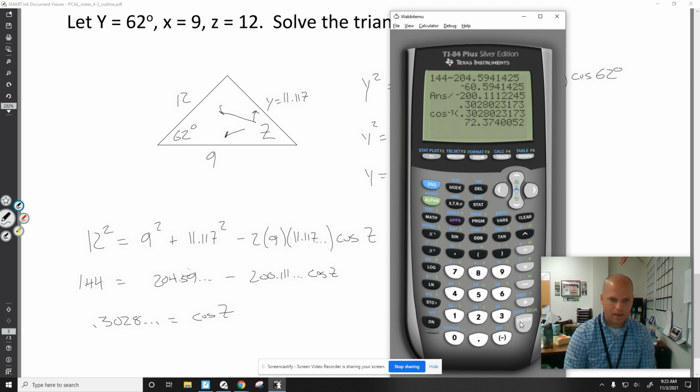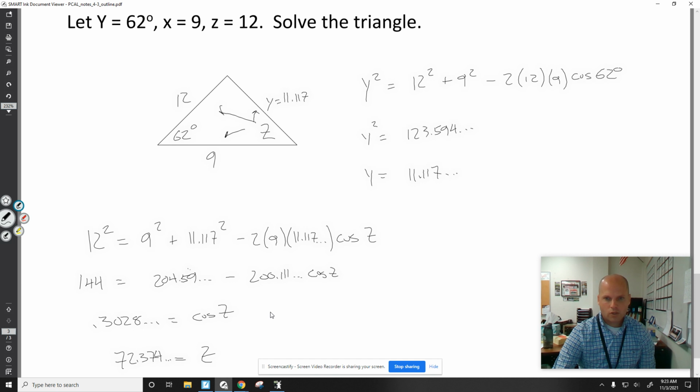You don't have to worry about potential other angles because your other angle would be in the fourth quadrant or in the third quadrant, which can't happen because triangle angles have to be between 0 and 180. So that's angle Z, 72.37 degrees. And now I can find angle X.